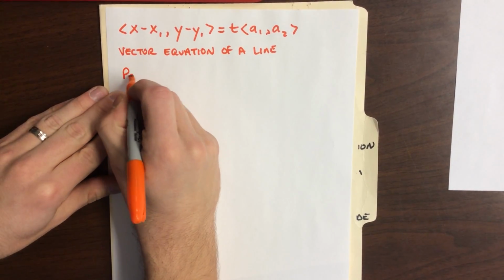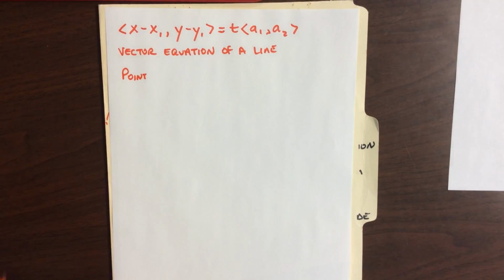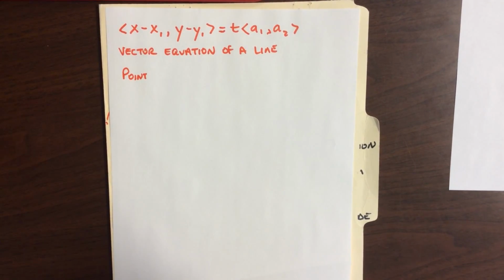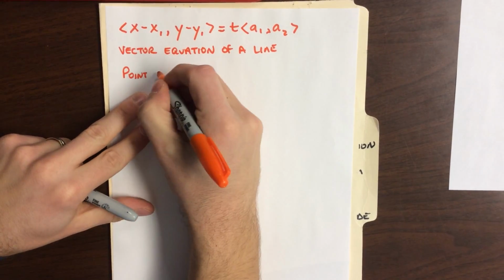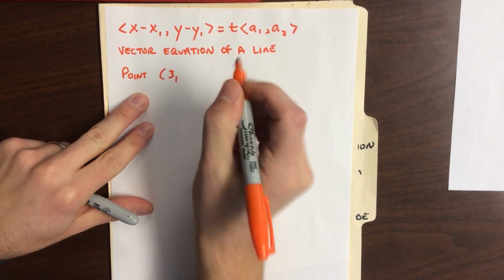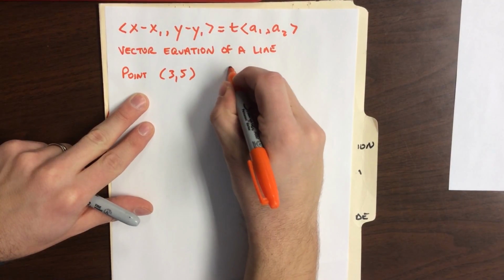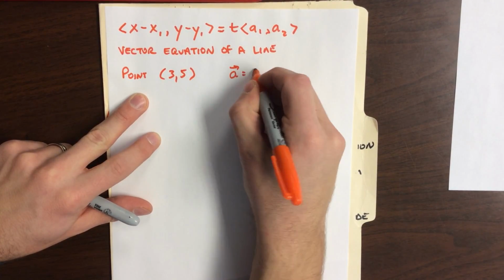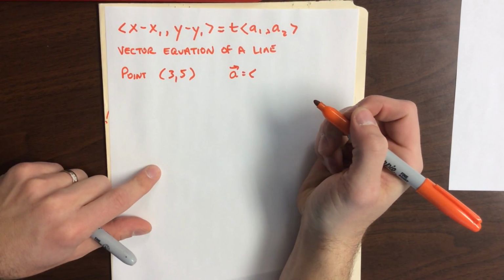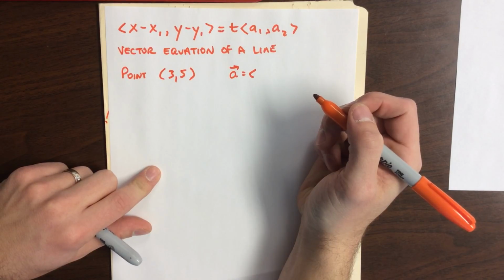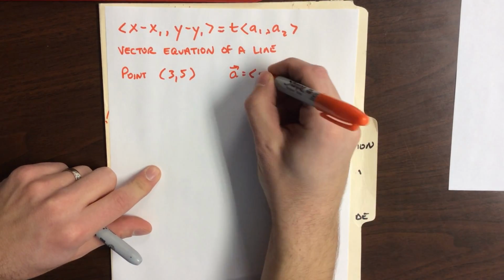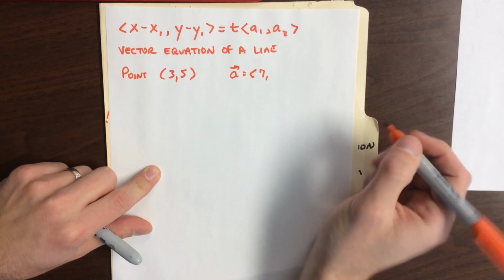Let's say we've got a point. Give me a pair of numbers. 3 and 5. And we've got vector A is 7, negative 2.